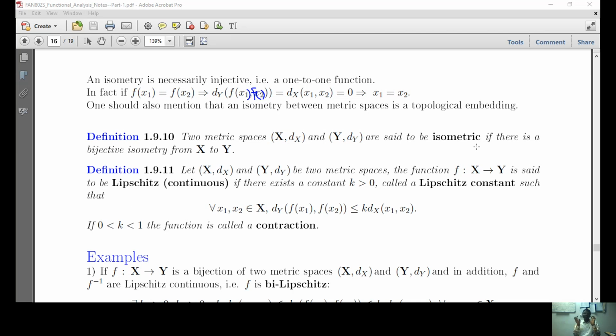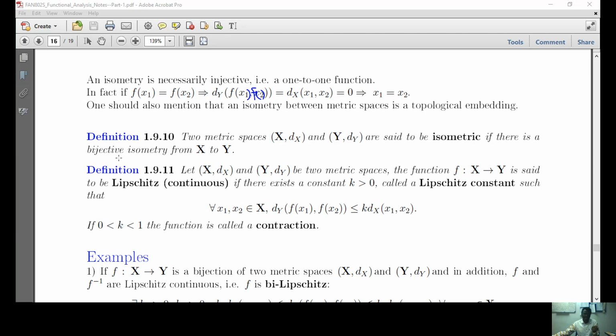Now we are talking about two metric spaces that are isometric. It's not about a function that is isometric or distance preserving, but about two different metric spaces that are isometric. We say they are isometric if there is a bijective isometry from X to Y. In other words, if we can find a mapping f from X to Y that is isometric, and also bijective.